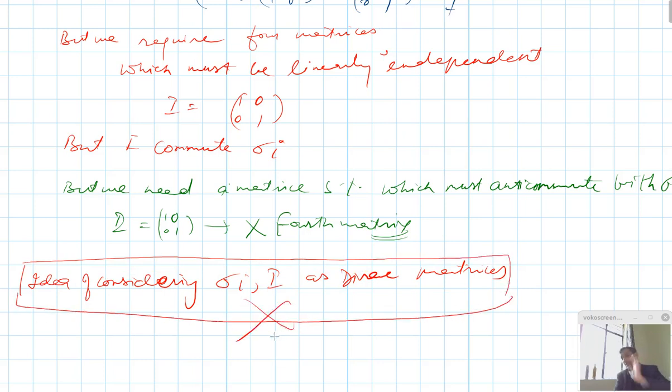So they can be neglected. That means a 2 by 2 matrix is not a good choice for the Dirac matrices.